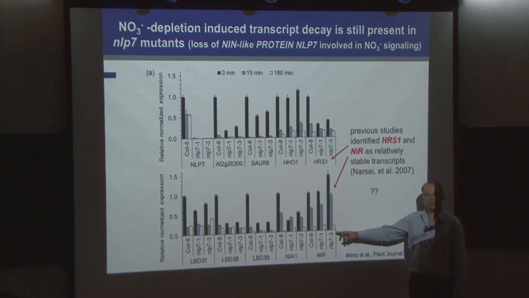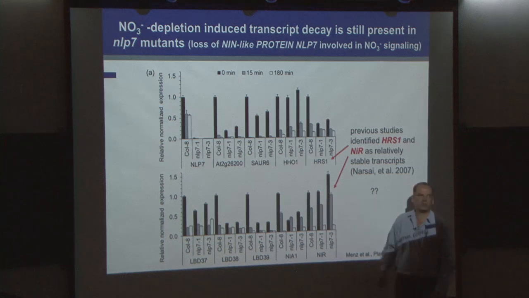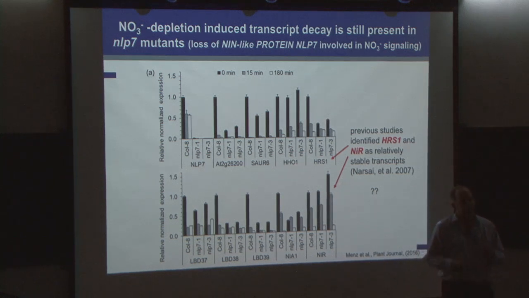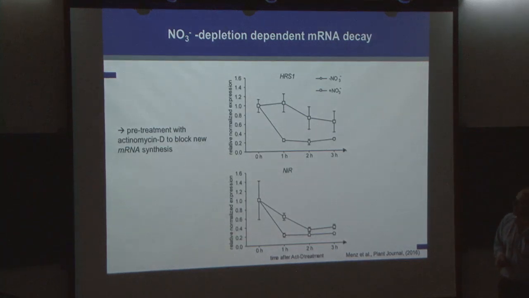But why do these transcripts now decrease so quickly when we take away nitrate? Is there maybe some active degradation of transcripts when we take away nitrate? This we tested by blocking new messenger RNA synthesis with antimycin D. In these experiments, we added this blocker of new transcription, and because we don't get new transcription, we can simply see the decay of the transcripts.